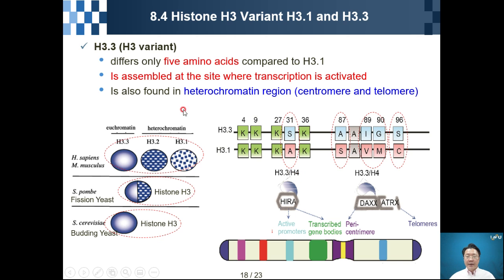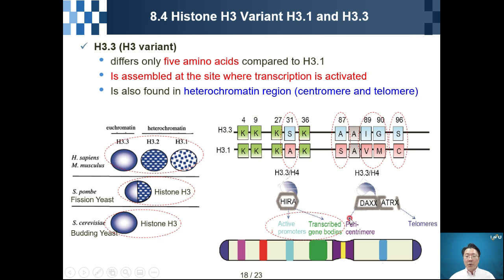So this H3.3 is assembled at the site where transcription is activated. So usually H3.3 is assembled in the active promoter region or in the transcribed gene bodies.